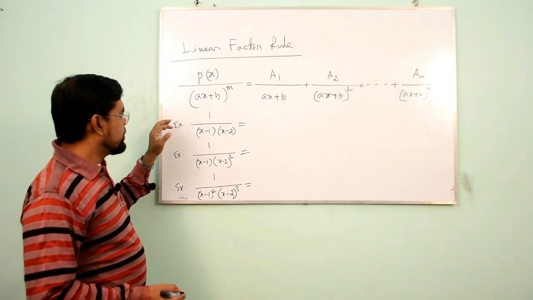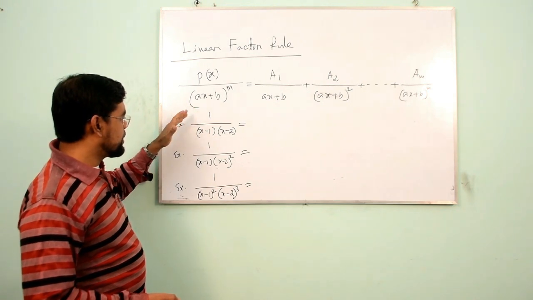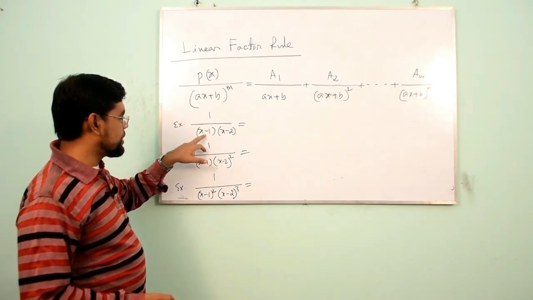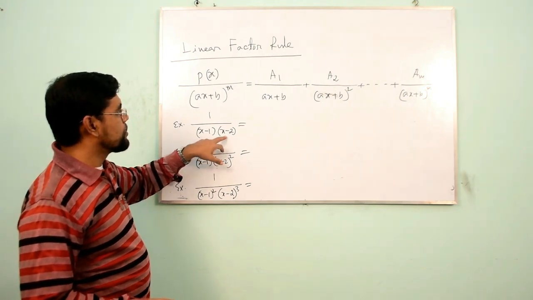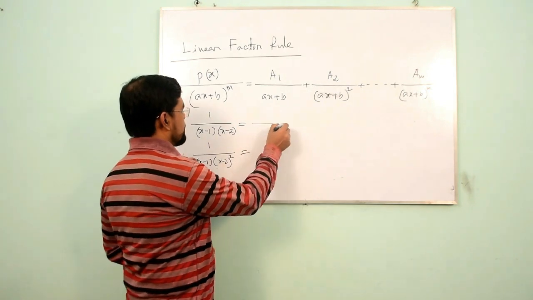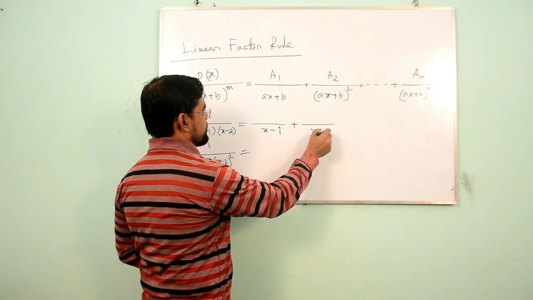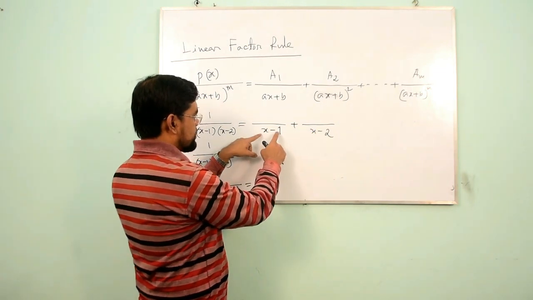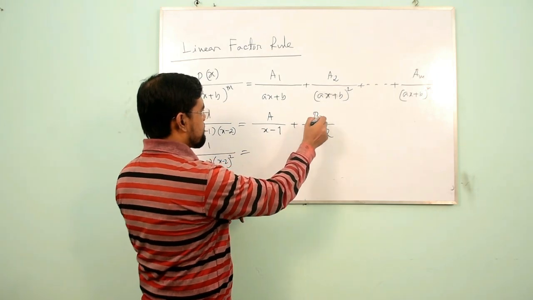For example, if your original fraction has two factors like x - 1 and x - 2, these are linear factors, so the numerators will be constants, for example a and b.